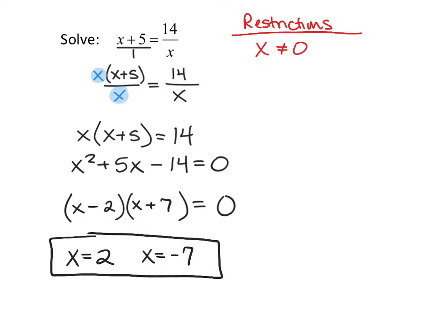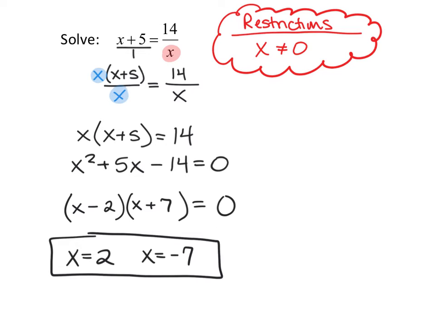So since I have an original denominator of x, I'm going to say that one of my restrictions in this particular equation is that x cannot equal 0. Did either of our solutions equal 0? No, so both of them are okay, and we have two solutions to this equation.